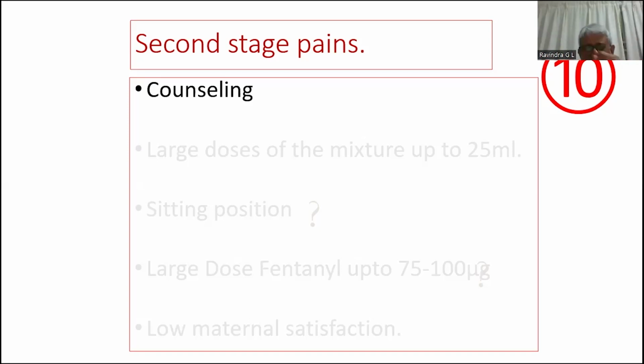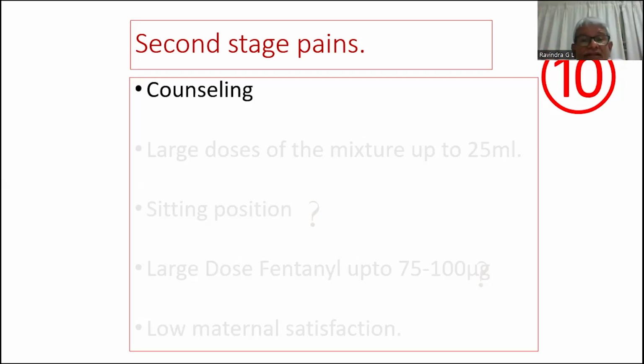But the best time to do the counseling is after you place the epidural catheter, gave the drug, and the patient is very comfortable. The first dose you have given, and the patient is smiling and thanking you. At that time you sit and talk to the patient.